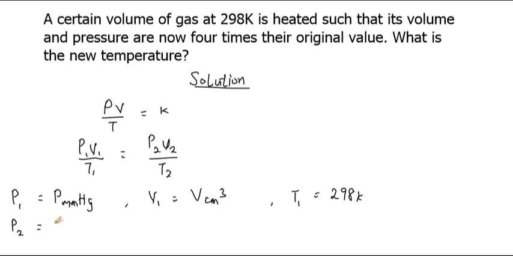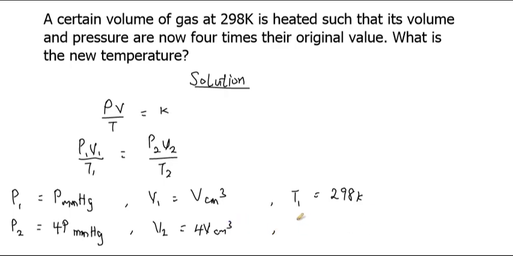So we have P2 to be 4P millimeter mercury. Then V2 now, just as the pressure, V2 also will be 4 times the volume, that's 4V centimeter cube.